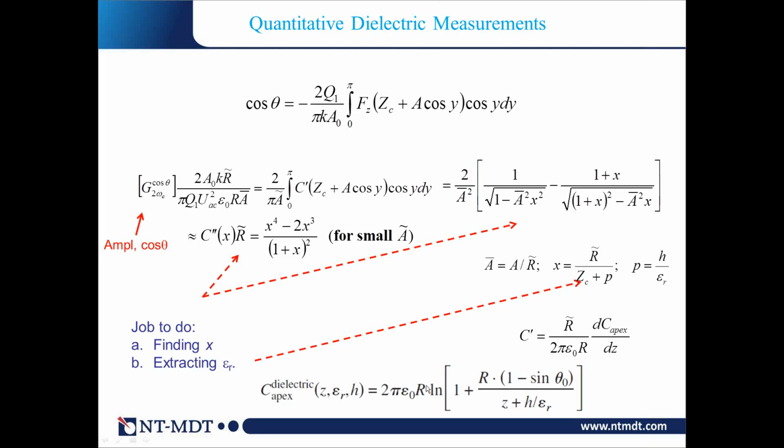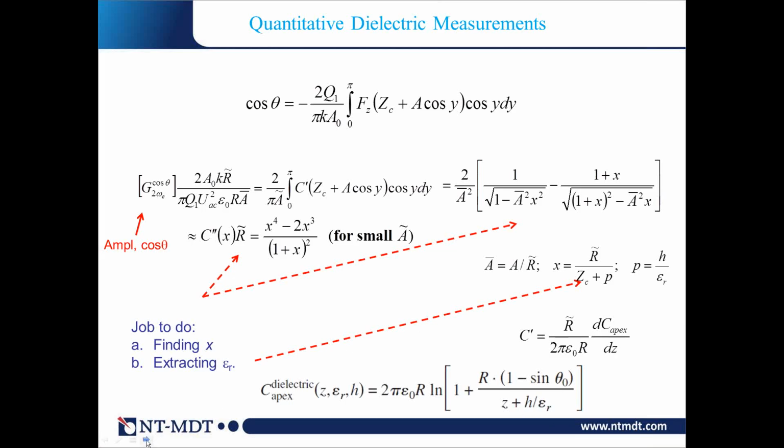Another difficulty is that the capacitance of this tip-sample junction is related not only to the permittivity of the material but also to the thickness, and they are combined together. Therefore, you usually get a very convoluted response, which includes the thickness of the material and epsilon of the particular component. However, there is a way to extract it.